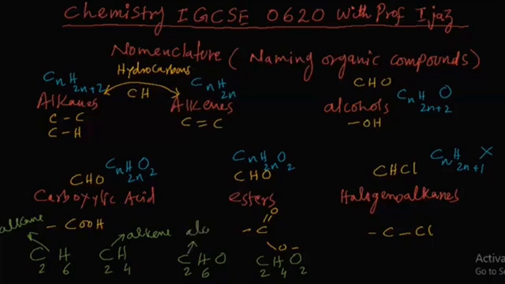So C2H6O is alcohol. And C2H4O2 is either carboxylic acid or ester. It may be carboxylic acid or ester. It is very easy to differentiate the halogenoalkane from the list.